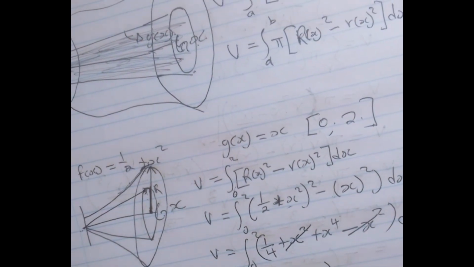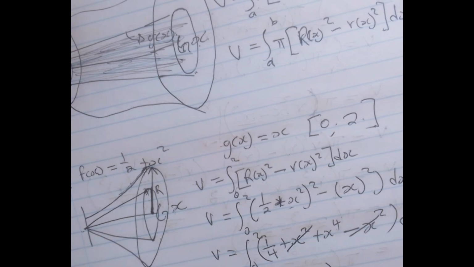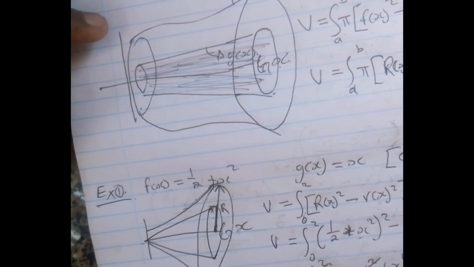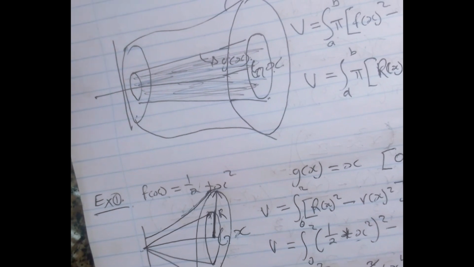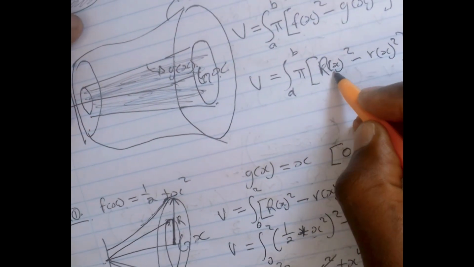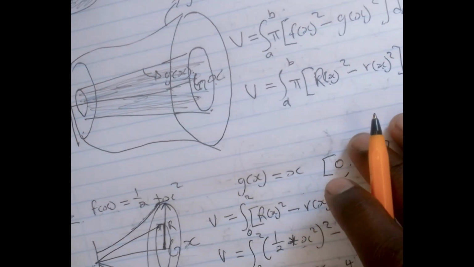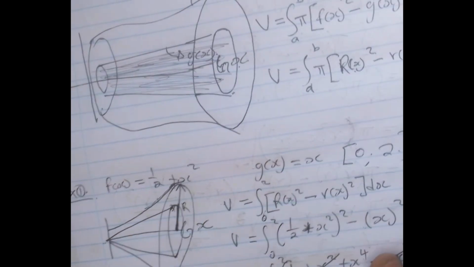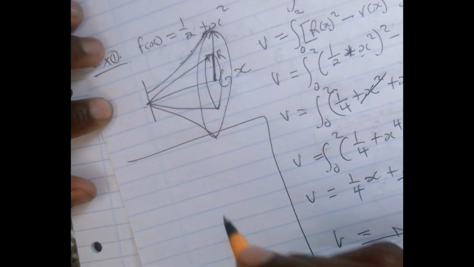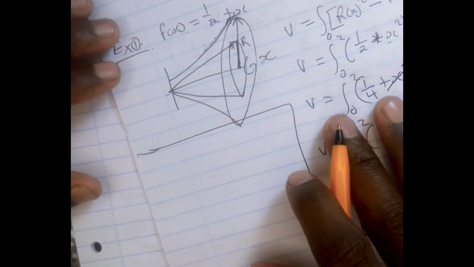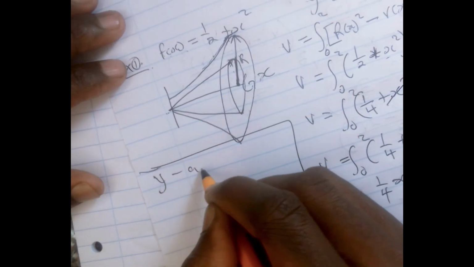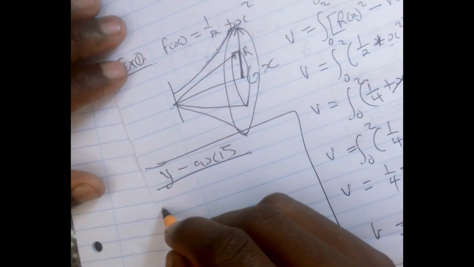And then now when you revolve this about the y-axis, it's the same procedure, but right over here it is going to be in terms of y and dy. Okay, so I'm just going to squeeze it right over here so that you will see it. So the formula for that, when you revolve it about the y-axis, this would be the volume.